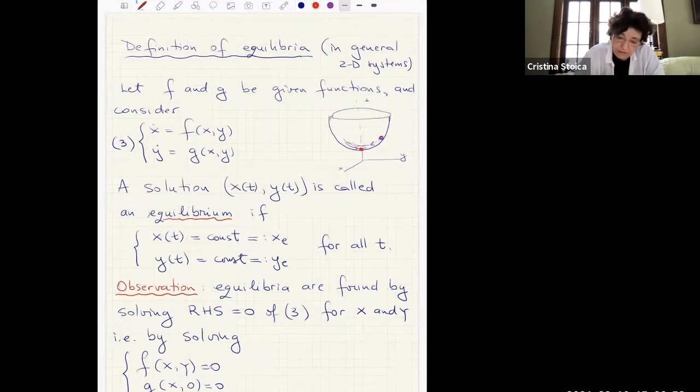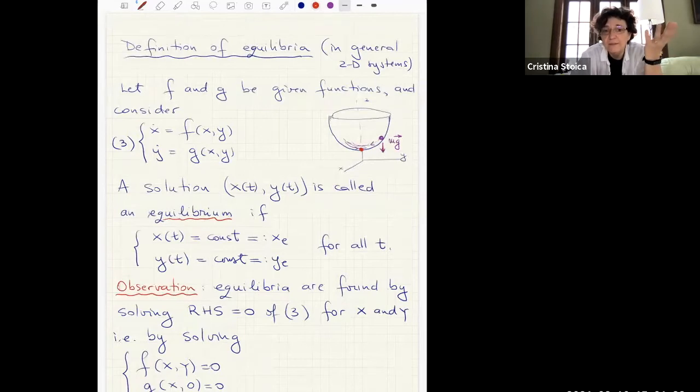What drives this ball to move? It's its weight, let's say mg. That's why it moves, because it tends to go down. But if I put it down at the bottom, it will not go anywhere. It will stay there forever. That's an equilibrium.